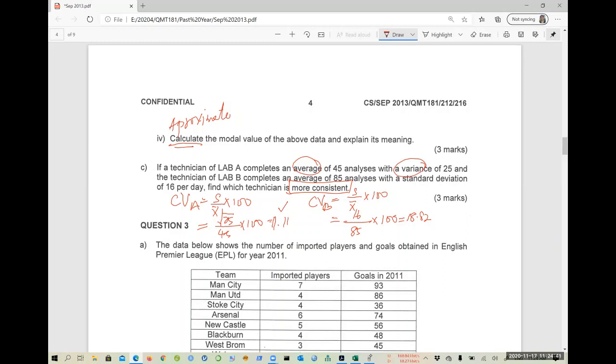So in this case, technician of lab A has a more consistent work as compared to the technician in lab B. Okay, so that's it for the first part for your test 1. Okay, so it covers only until question number 2 for September 2013 past semester exam papers.